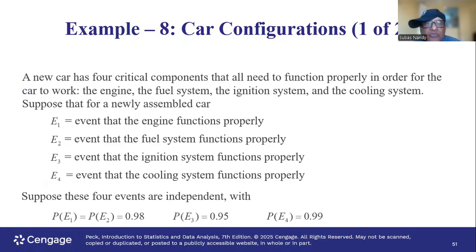A new car has four critical components that all need to function properly in order for the car to work: the engine, the fuel system, the ignition system, and the cooling system.